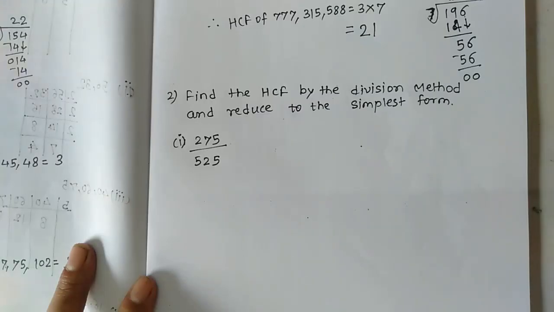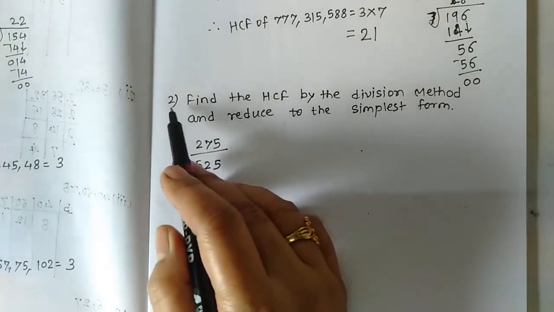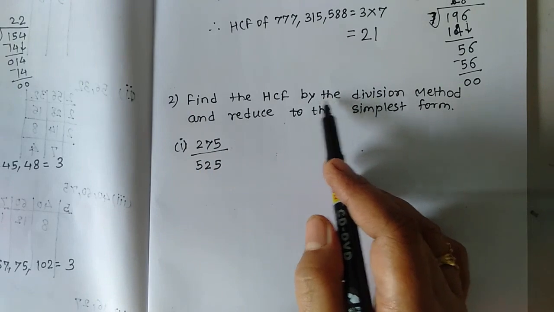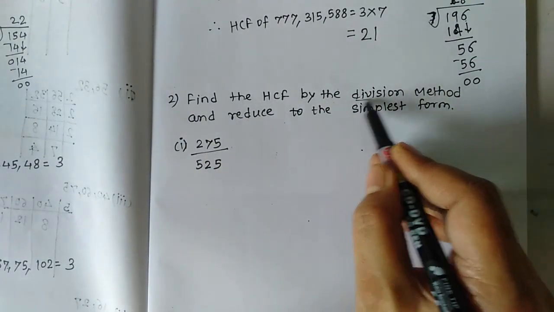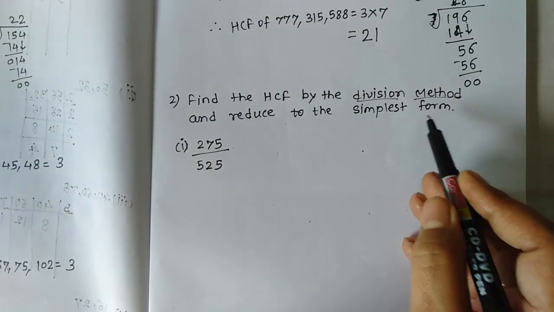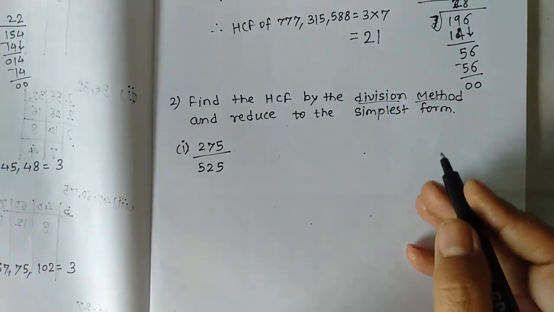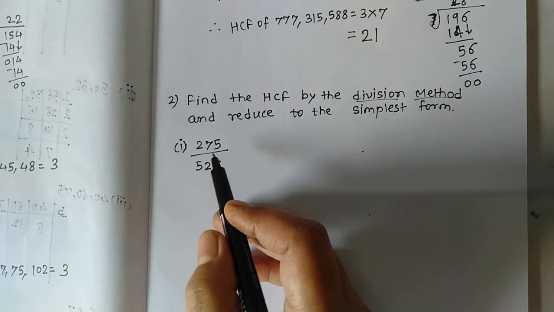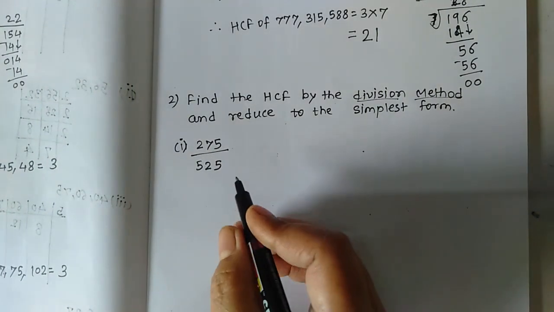Next is the second question: find the SCF by the division method and reduce to the simplest form. We know that the smaller number is the divisor.